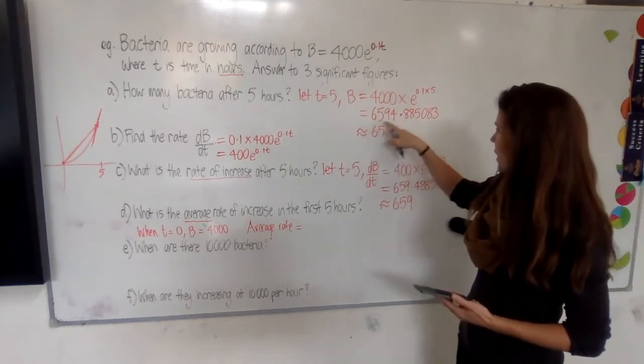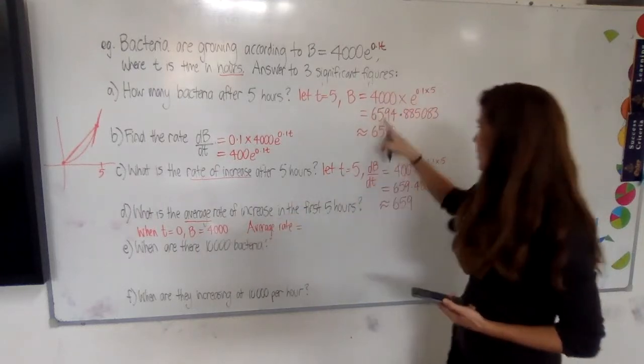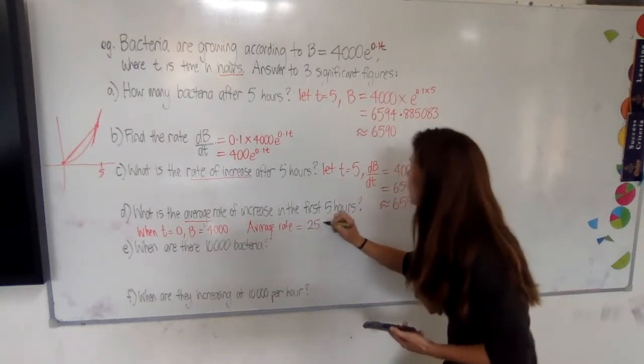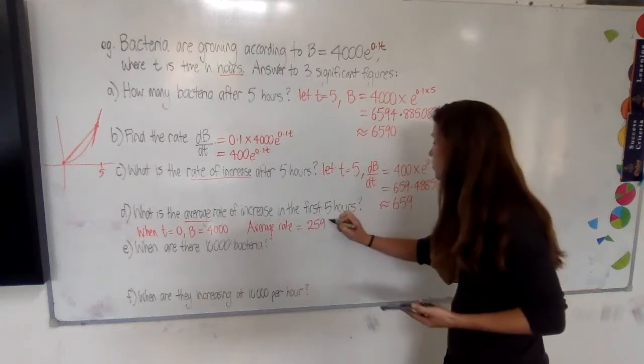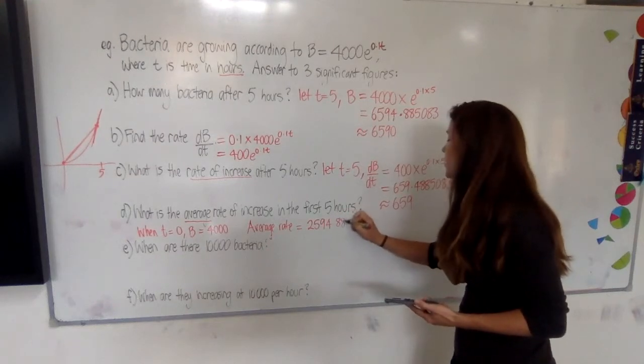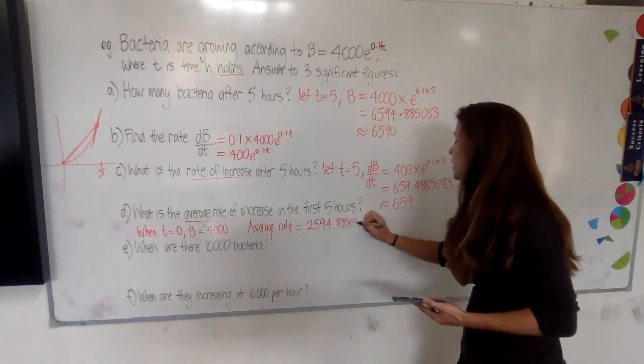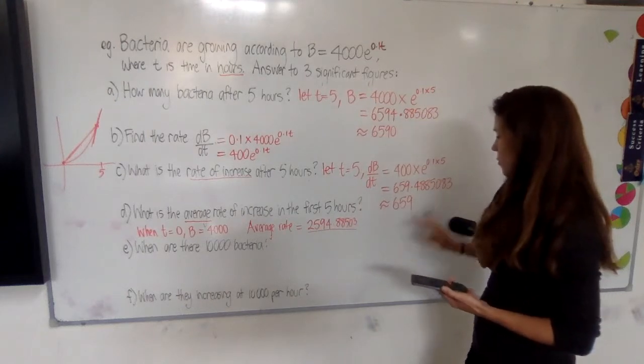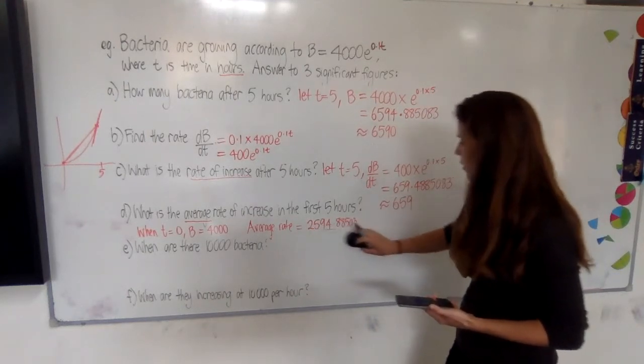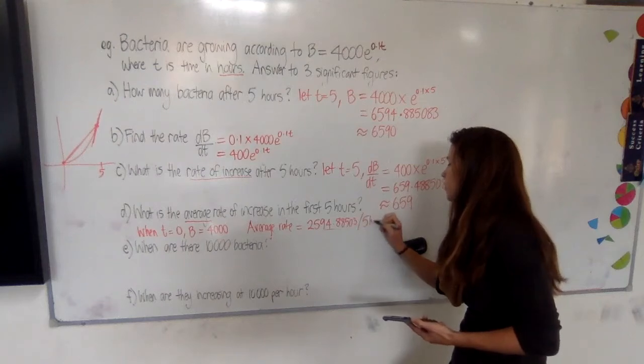So if we take this number, subtract 4,000 from it, we get 2,594, and you can put all of those decimals in there if you like to keep it as good as you can. Now that's what we get, every 5 hours.